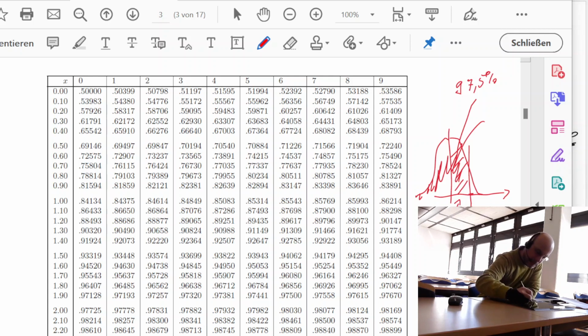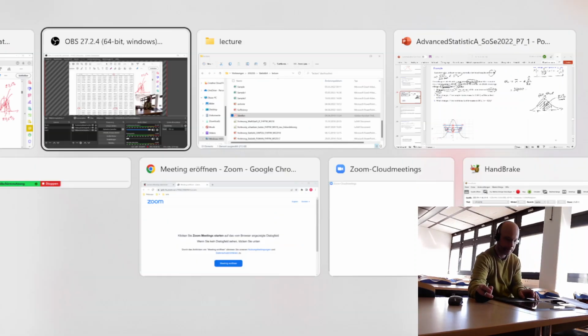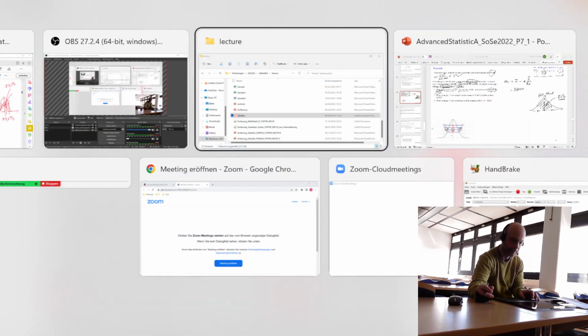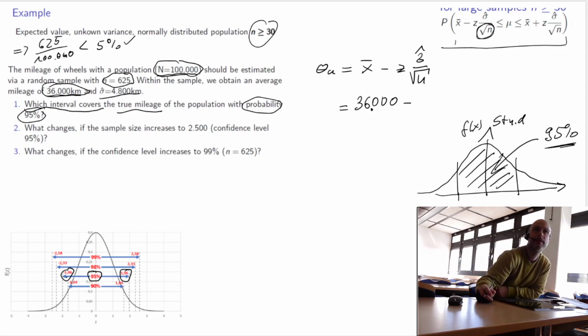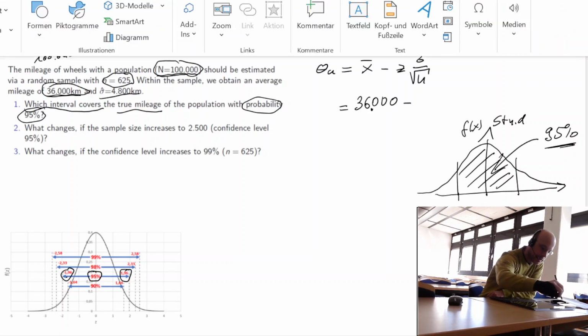And here we find it at this point, and we are happy. This is 1.9, and the second digit is a 6 here. So from this, we obtain that we have to insert for our z 1.96.